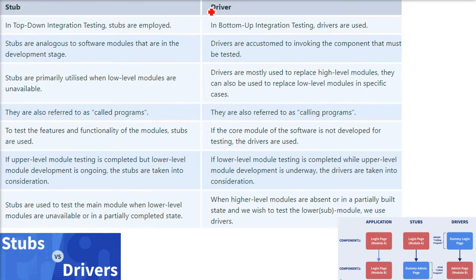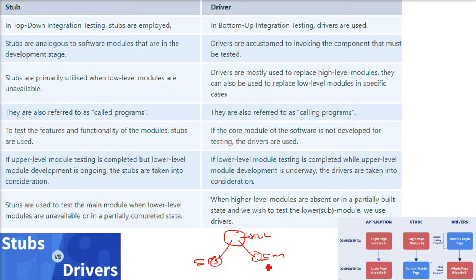Stubs and drivers: the difference between them, let me tell you again, is that there are modules at the higher level and modules at the lower level. The lower modules are called by the higher modules, or the functions are called by the higher functions. These are the sub modules.